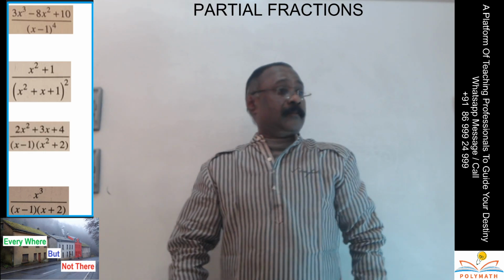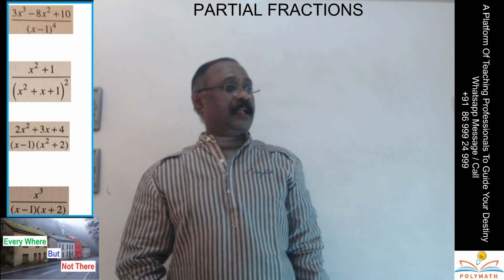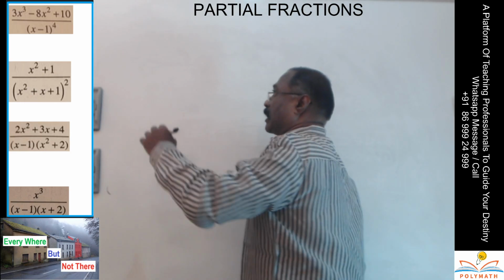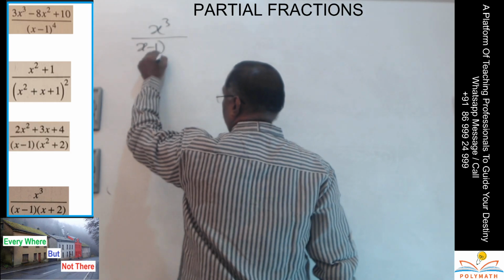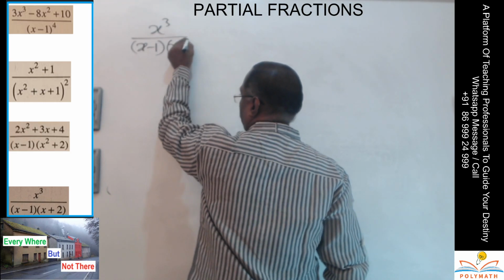It is x cube divided by (x minus 1) into (x plus 2). Let me write that. X cube divided by (x minus 1) into (x plus 2).